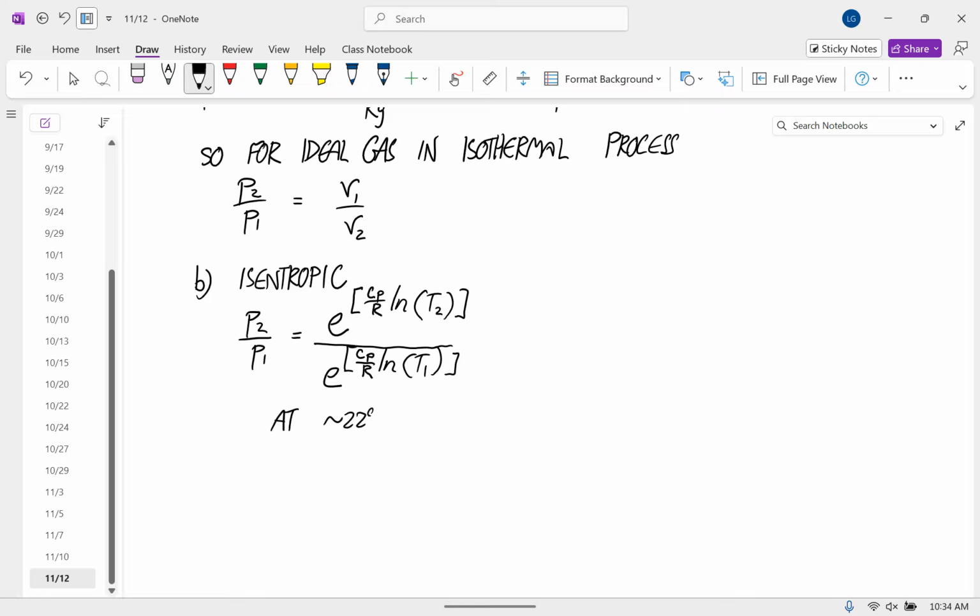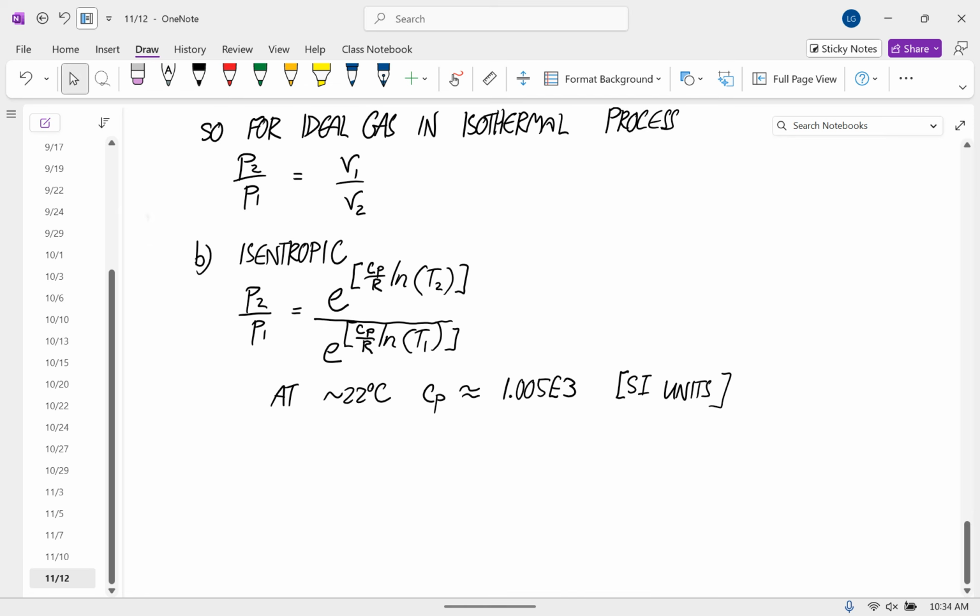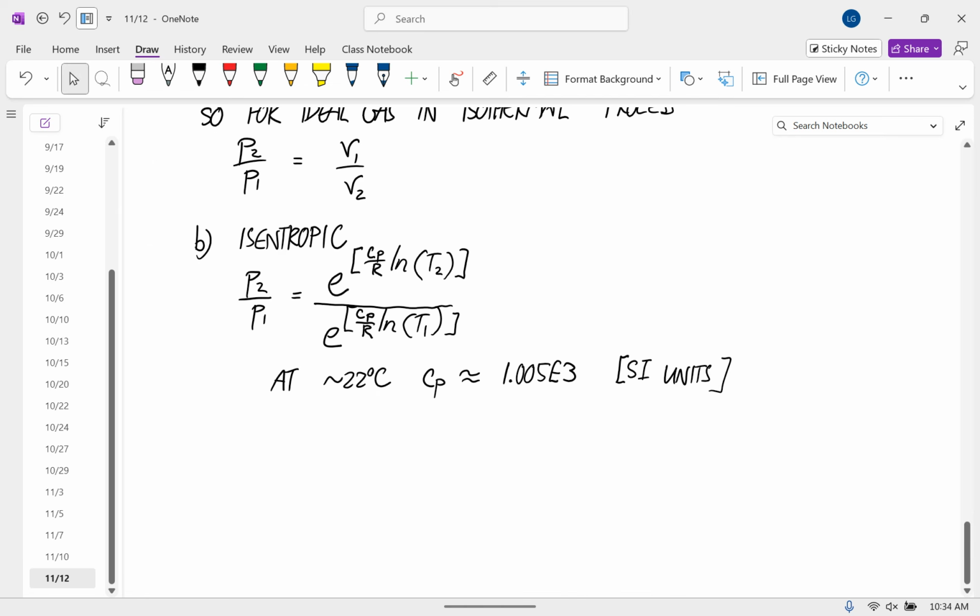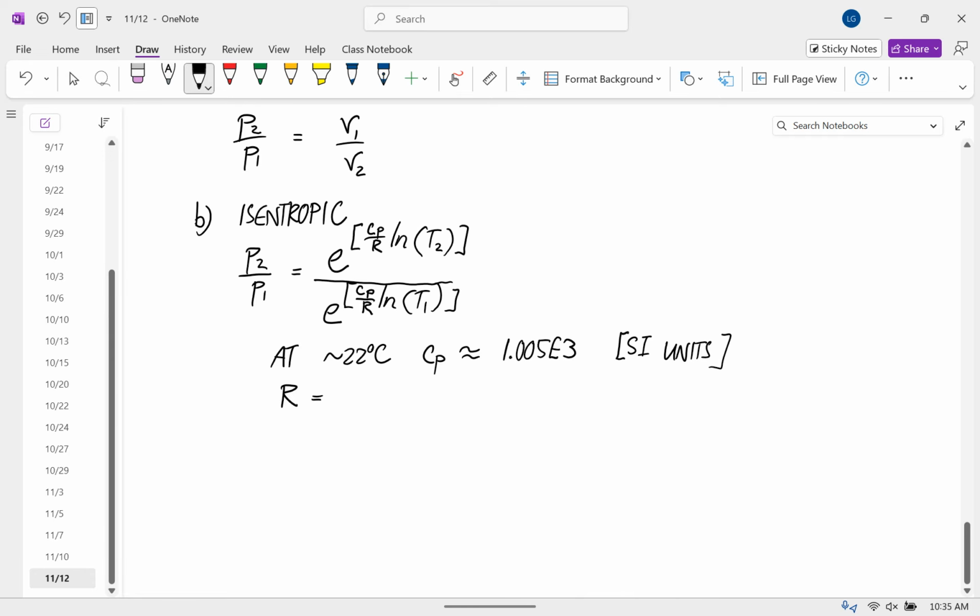At around 22 degrees Celsius, Cp is about equal to 1.005 times 10 to the third. This is in SI units. And R, what is the SI unit for Cp? Let's see.